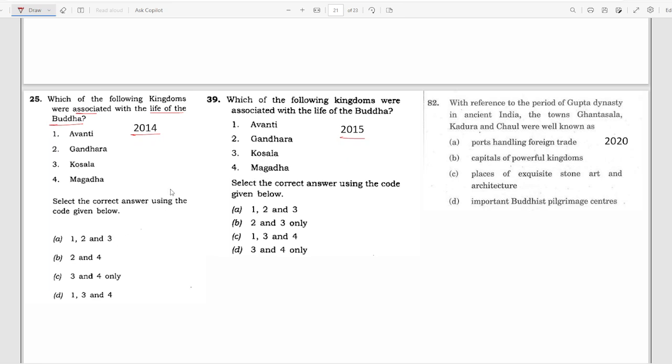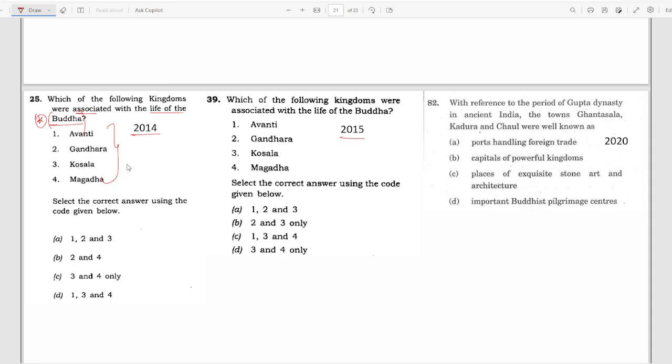So this question is important, and you have to also read about these places and the places that were associated with Buddha. This is very important. So that's why I had asked you to read about Buddhism and Jainism in depth and the places that were visited or associated with Buddha and Mahavira.